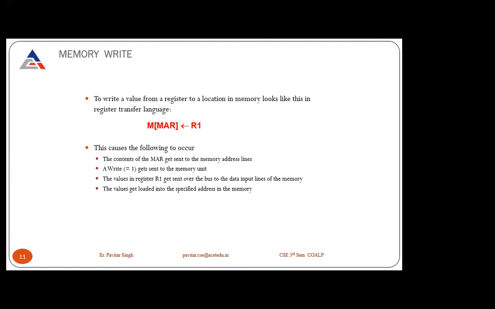So first of all, because I am using a write operation and R1 is having 100 value and 1010 is having 500 value, let me show you the live example. R1 is having 100 value. So first of all, you should know the address. At 1010, the data value is 500.